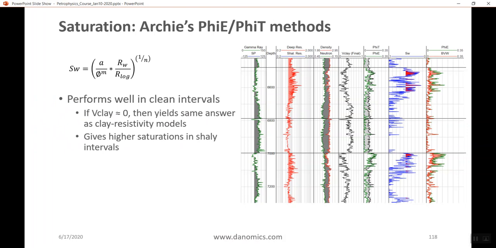So like I said, this performs well in clean intervals. And if your V clay is very low, i.e. approaching 0, it yields the same answer as the clay resistivity models like Simandoux. However, in shaly intervals, it gives you higher saturation in your shales, which, depending on what you're analyzing for, sometimes can be the desired effect.